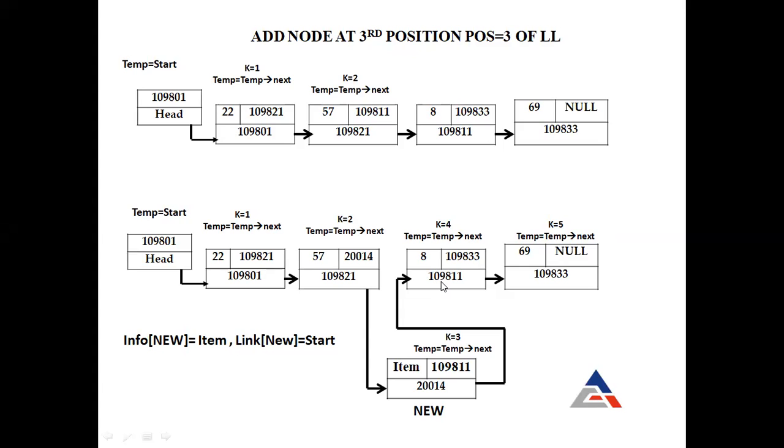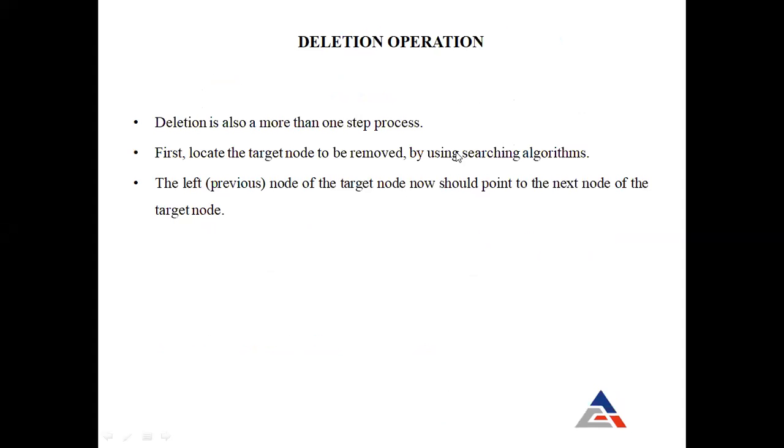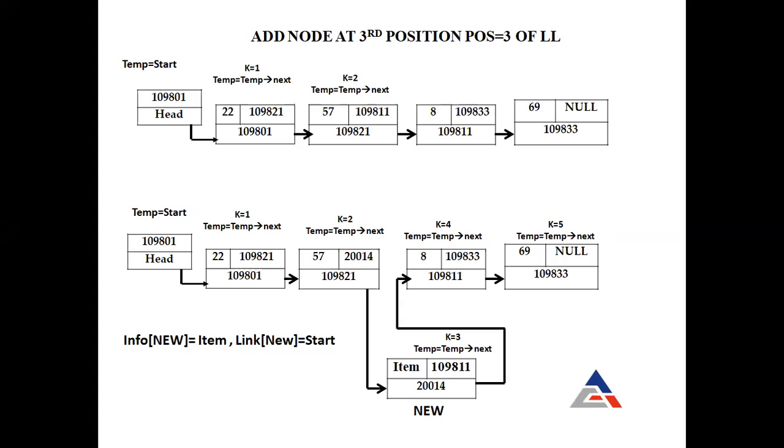So this is how I can add a new element in between locations in the linked list. So this is all about insertion, that is, how I can insert a new element in the linked list at any location.